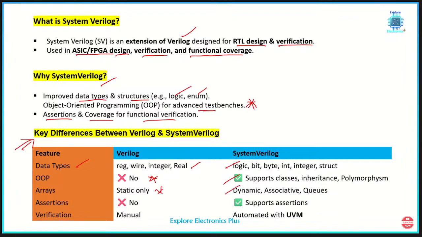In System Verilog we have dynamic arrays, associative arrays and queues, which are very important in writing test benches. Assertion support is not there in Verilog, but we have support of assertions in System Verilog. Verification in Verilog is manually writing the test bench, and in System Verilog we can use an automated method called universal verification methodology that will allow us to write all the different aspects in a System Verilog test bench with reusable modules. These are the quick differences between Verilog and System Verilog.